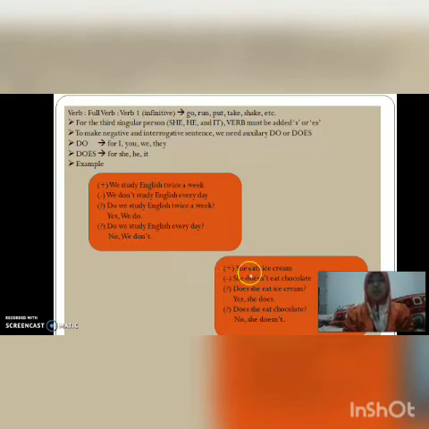Okay. And here is the example of subject she. If you use subject she, remember you have to add s or es at the end of the verb. The positive form is: she eats ice cream. The negative: she doesn't eat chocolate.